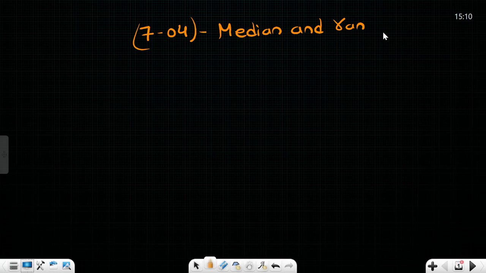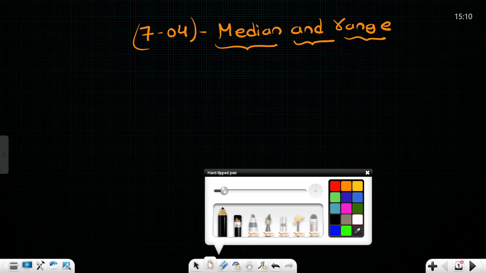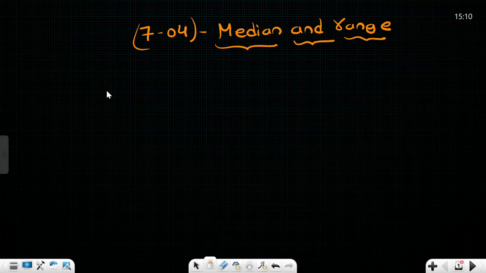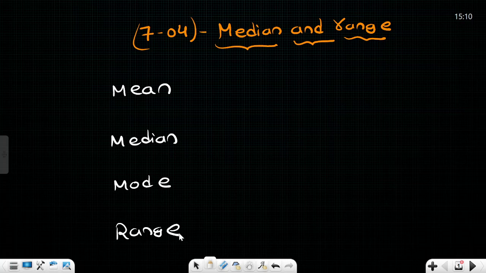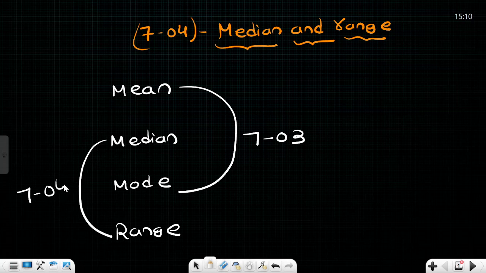Akshita, here we have four things called mean, median, mode and range. In exercise 703 we discussed mean and mode. Now in exercise 704 we are going to discuss median and range.